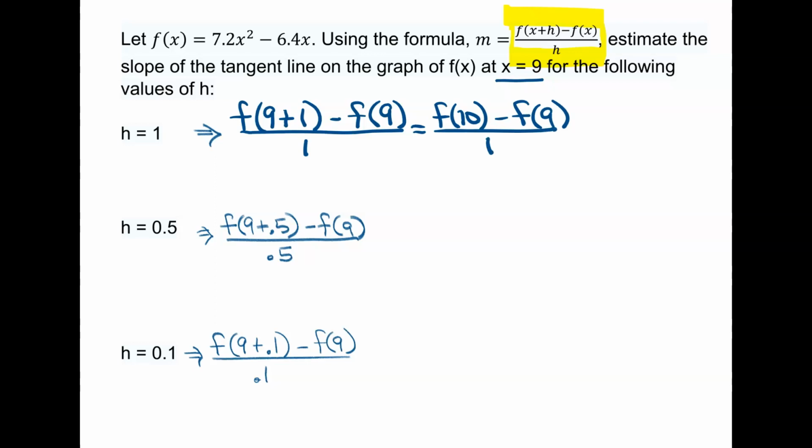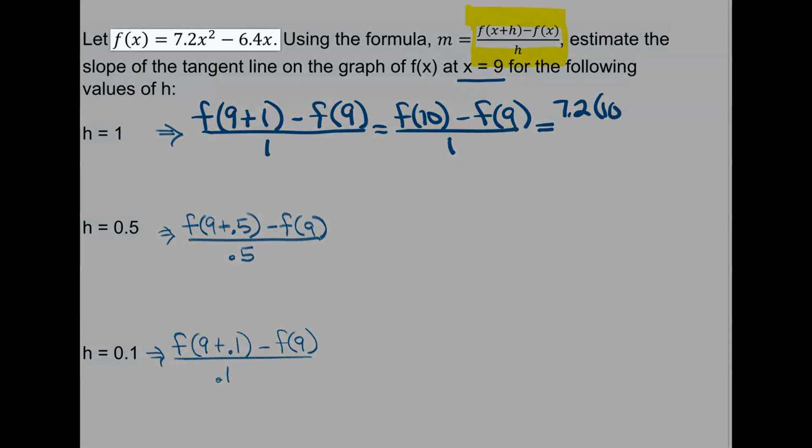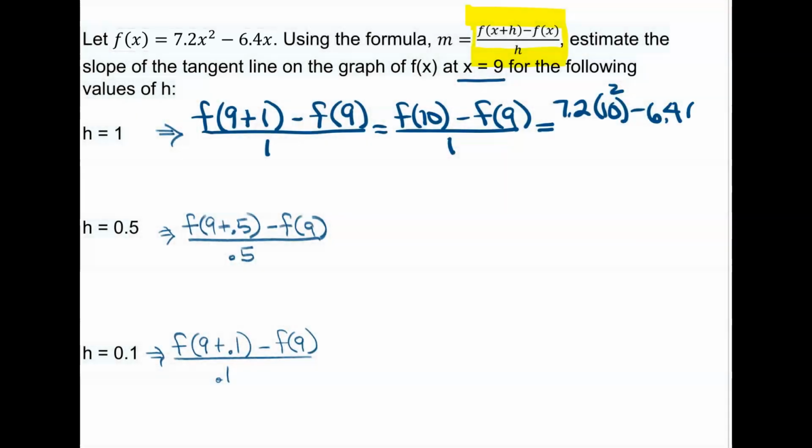Now to find f of 10 and f of 9, we take those values and plug them into our function. Let's start with f of 10. We take our 10 and put it into the function everywhere for x. So 10 plugs in, and f of 10 here, sorry it's a little dark, is going to be this much.